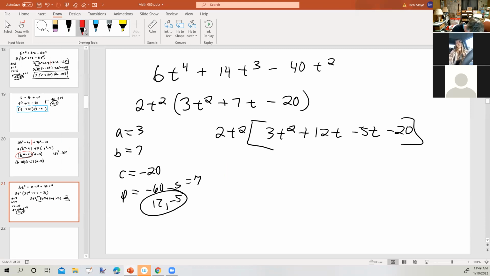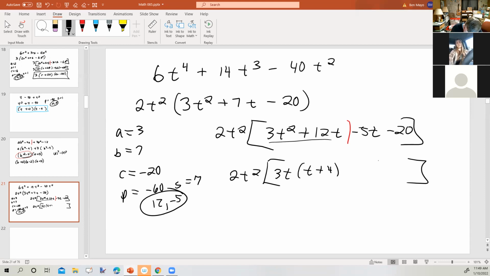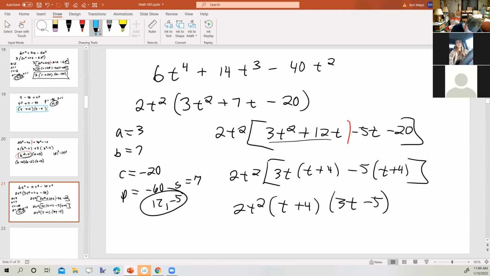Okay, let's see if I can get my colors together here. 2t squared. The greatest common factor here would be 3t, t plus 4, t plus 4, and a minus 5. 2t squared, t plus 4, 3t minus 5.